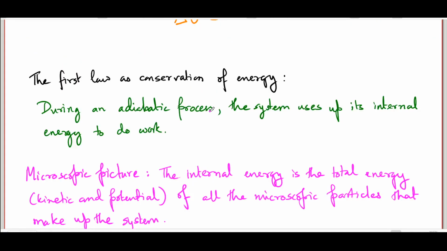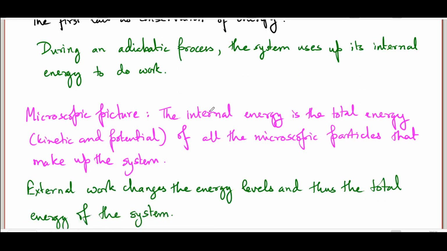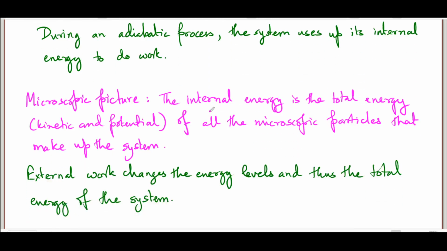Now, in the microscopic world, the energies that the particles have are quantized, and you have energy levels, and the particles essentially have wave functions or states which tell you what the energy levels are. And what happens when you do external work is that you change the boundary conditions involved in the system.